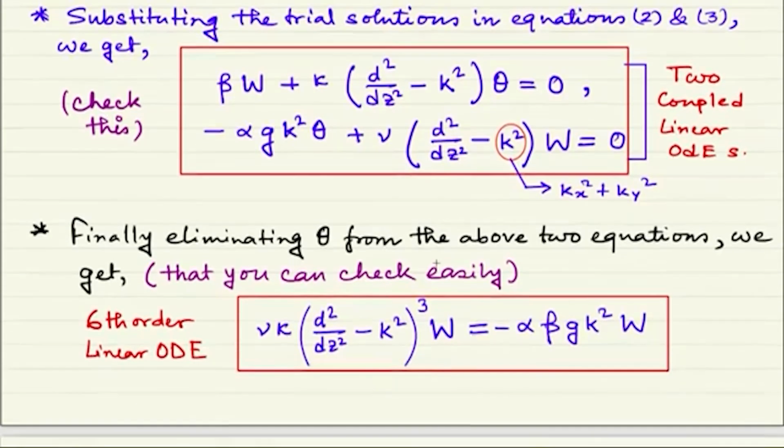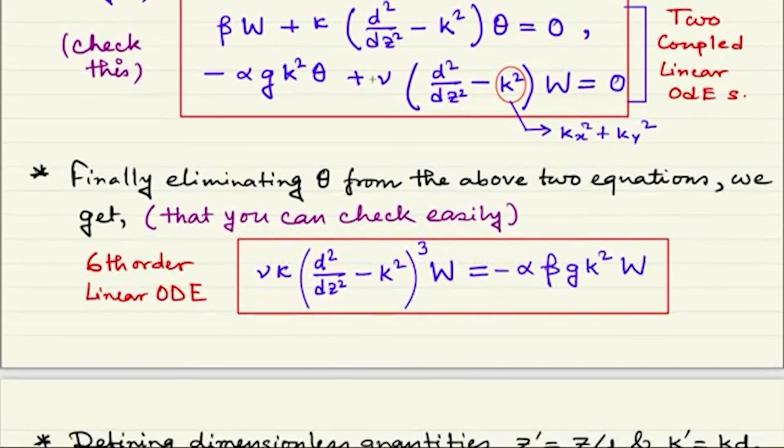Now we can go a bit further. We have two equations for two unknowns, coupled linear ODEs with second order differentiation, so we need two boundary conditions for each. But one can do one simple thing: eliminate one of the two variables, theta, from this system.